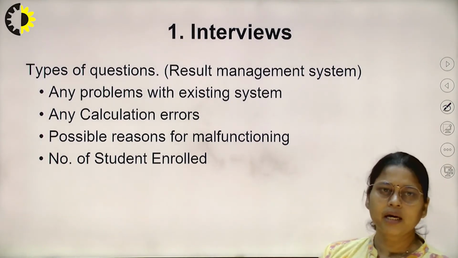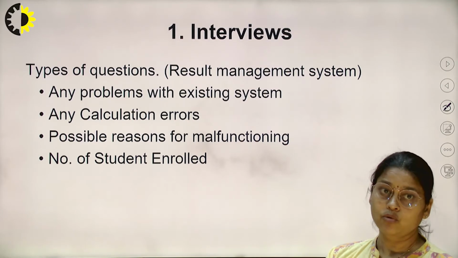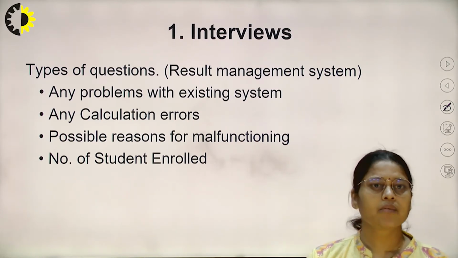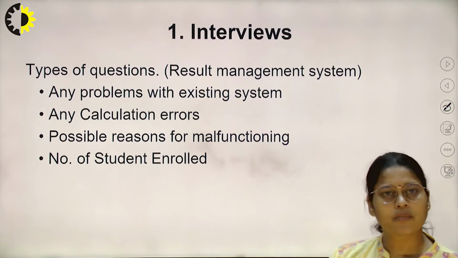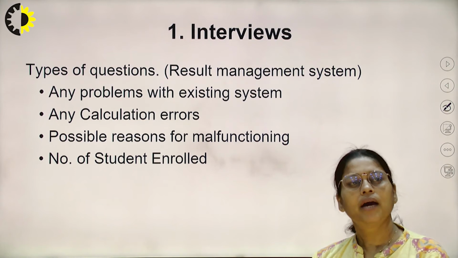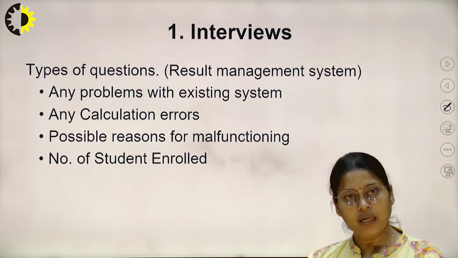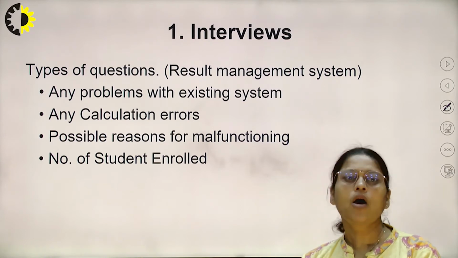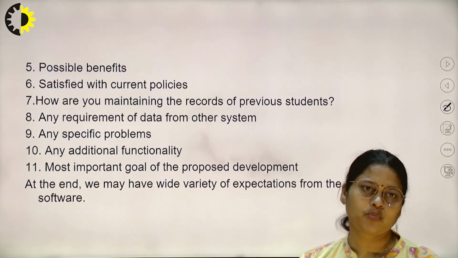Now, if we take some questions about the result management system, as we are all aware of the concept of a result management system, these questions may arise: Any problem with the existing system? Any calculation error? Possible reasons for malfunctioning? How many students are enrolled in this program?